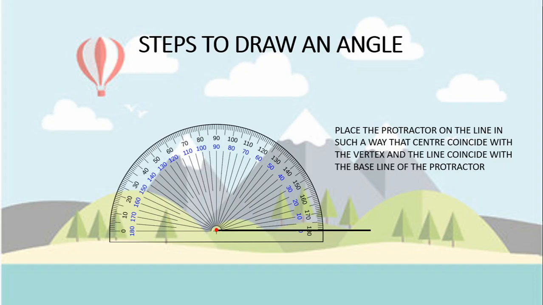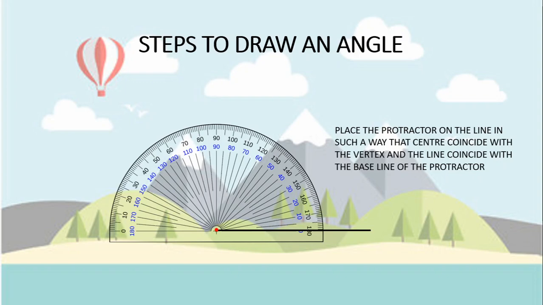Now, look along the scale from where that line is touching the 0. That means the below one we are going to see.